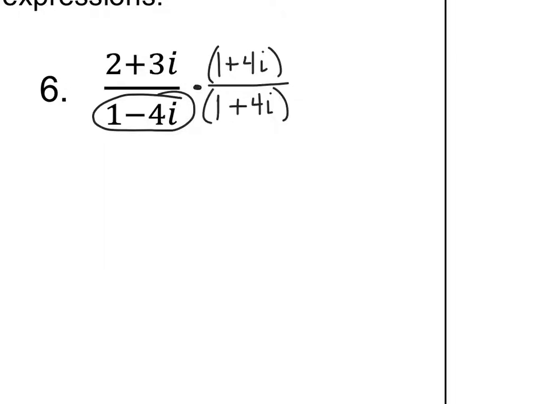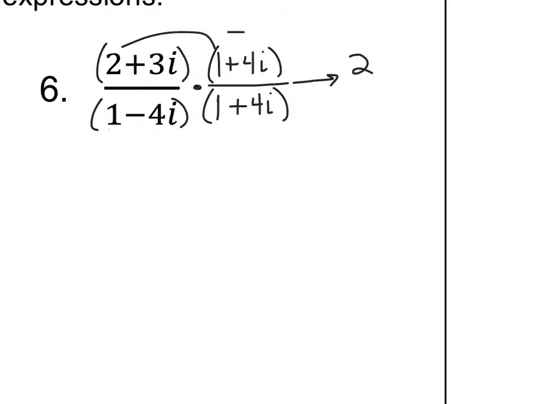Okay, so now I'm going to FOIL both the top and the bottom, just like we did with multiplication. So remember, I said division just turns into lots of multiplications. So 2 times 1 is 2. 2 times 4i is 8i. 3i times 1 is 3i.